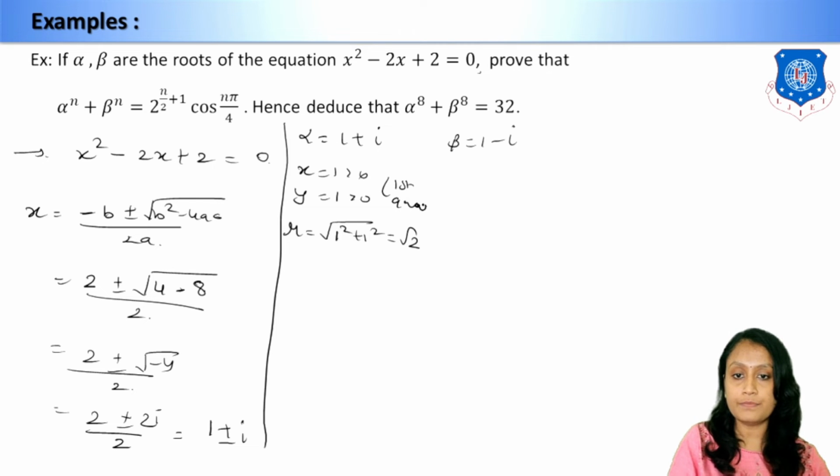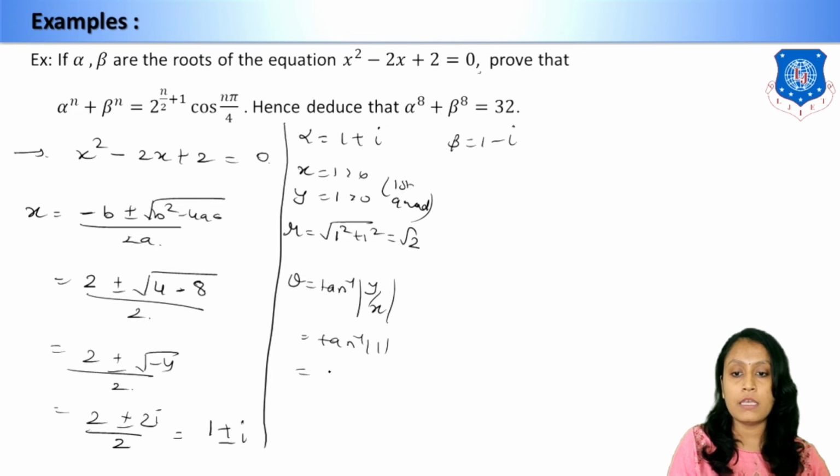Therefore theta will be tan inverse mod y by x, so this is equal to tan inverse mod 1, and this is pi by 4. Now this we can write in the exponential form as alpha is equal to r e raised to i theta, that is root 2 e raised to i pi by 4.